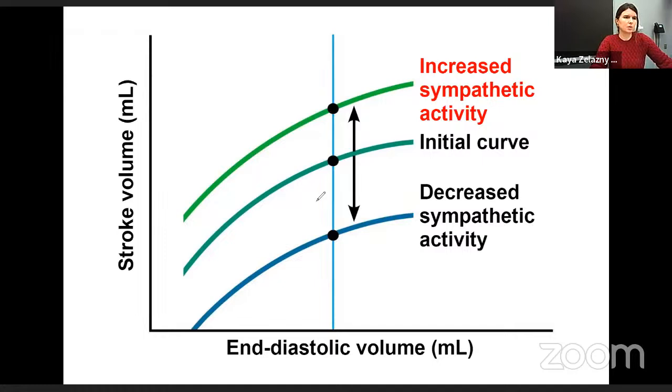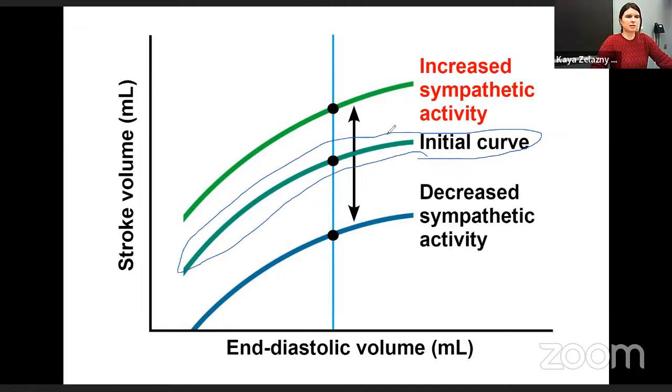What we're looking at is a baseline curve, and then how that curve shifts if you increase sympathetic activity versus if you decrease your sympathetic activity. Because we're talking about stroke volume, no parasympathetics here. It's just increase or decrease in sympathetics.